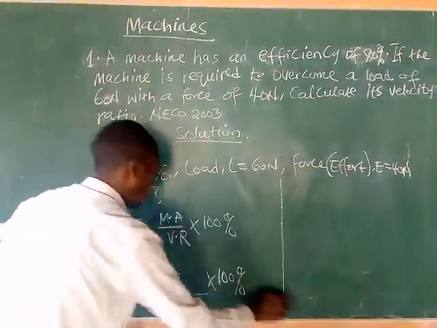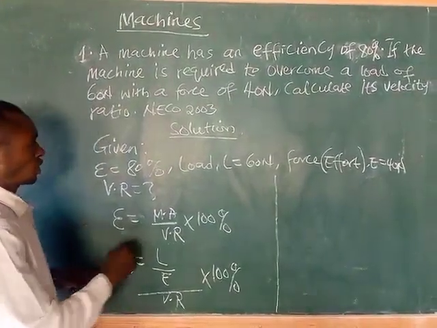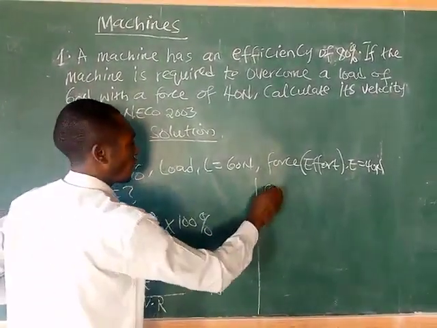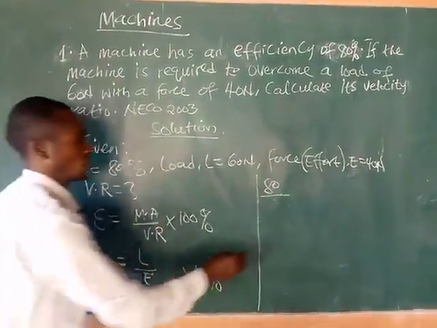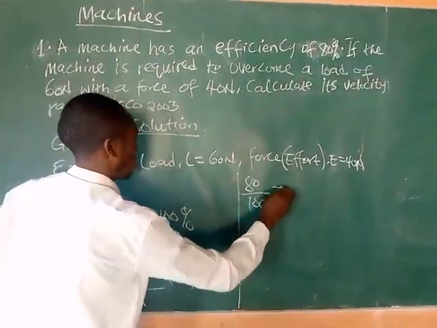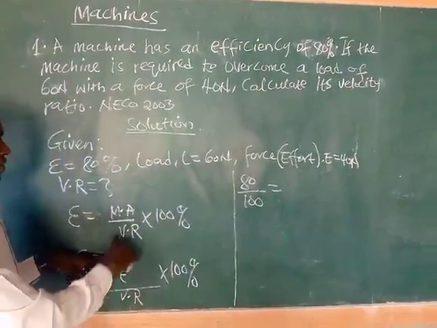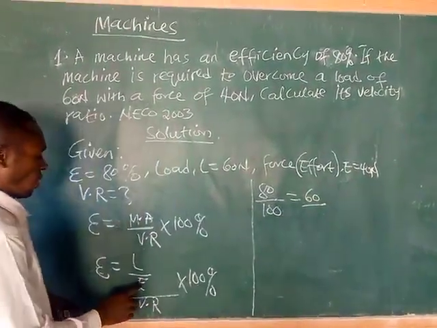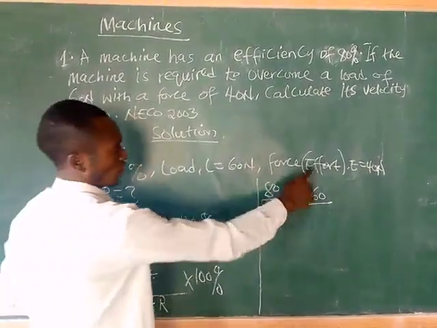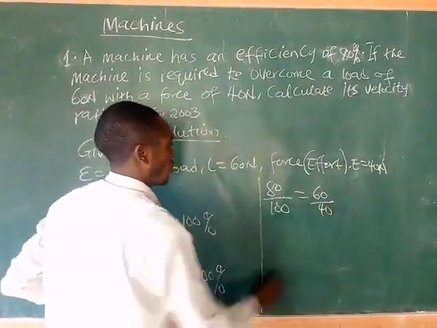So we go forward to substituting our values. Efficiency is 80, and 80% is the same thing as 80 over 100. 80 over 100 equals the load, which is 60 Newton, over our effort, which is the same thing as the force given there, 40.